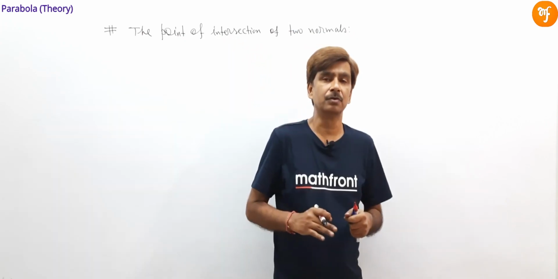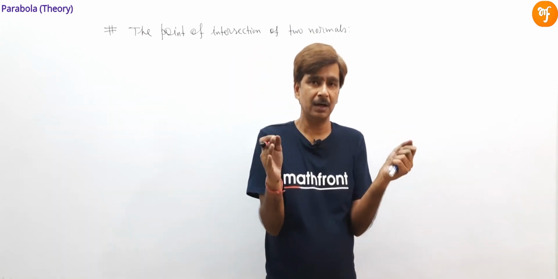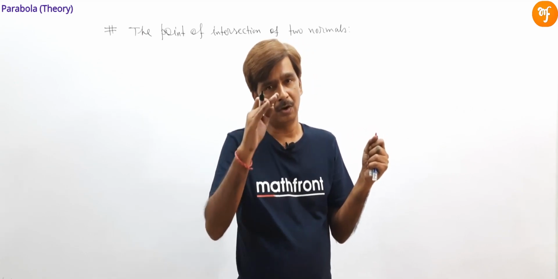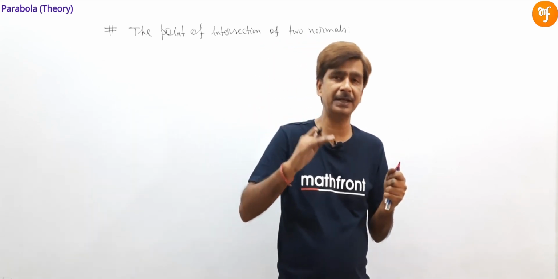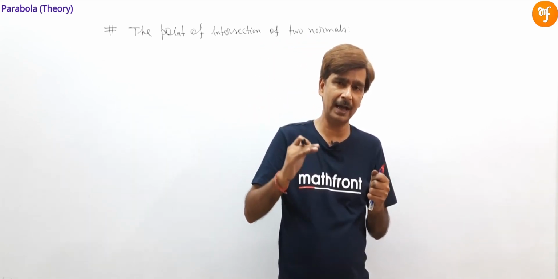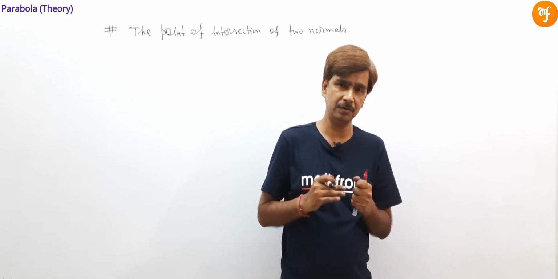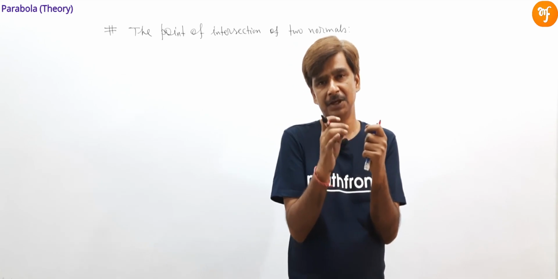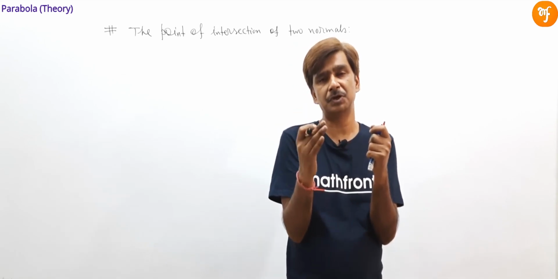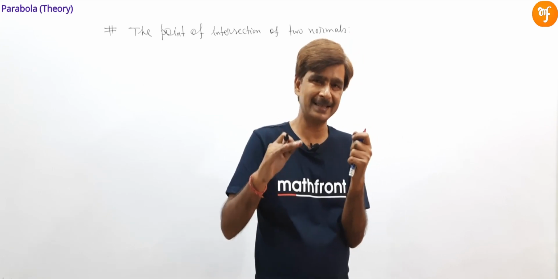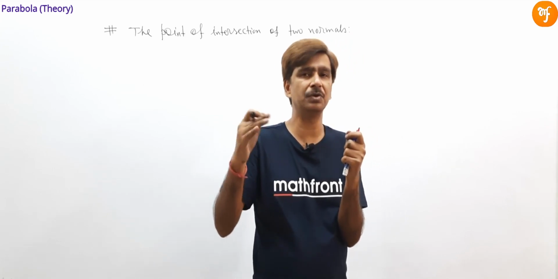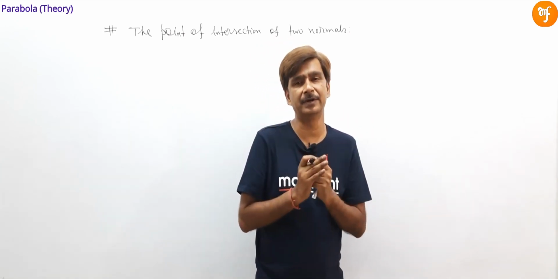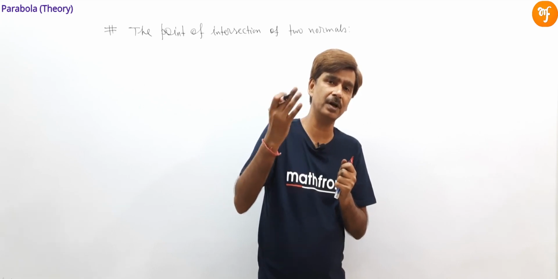Okay, so if the parabola y² = 4x and if we draw two normals on this parabola at the points (at1², 2at1) and (at2², 2at2), then the point of intersection of these two normals will be (a(t1² + t2² + t1t2 + 2), -a t1 t2 (t1 + t2)). Okay, so you must remember this point of intersection. This is very useful for numericals.